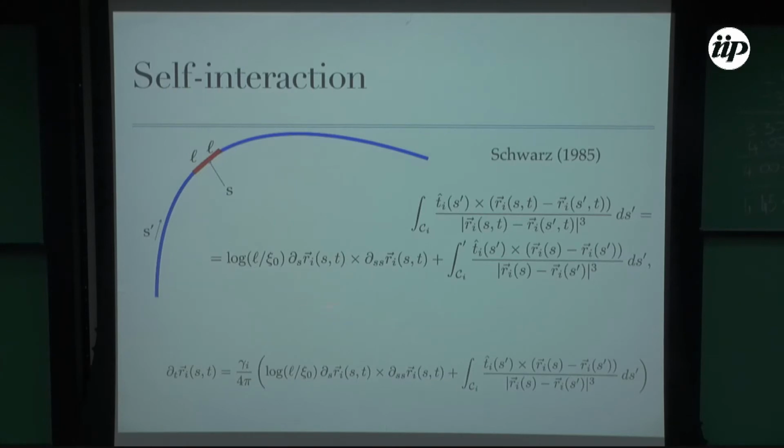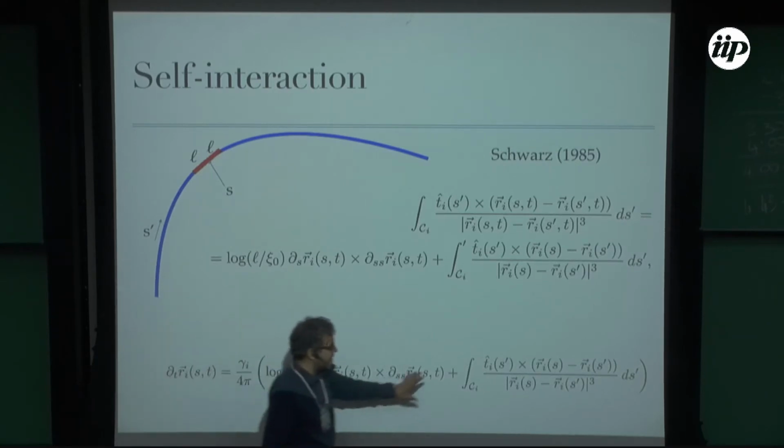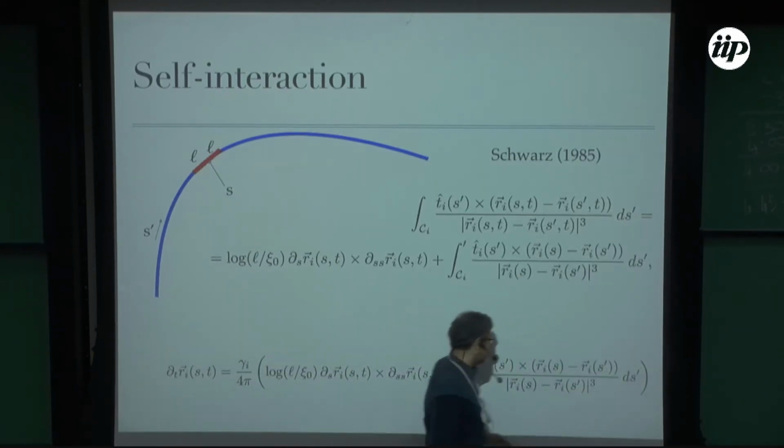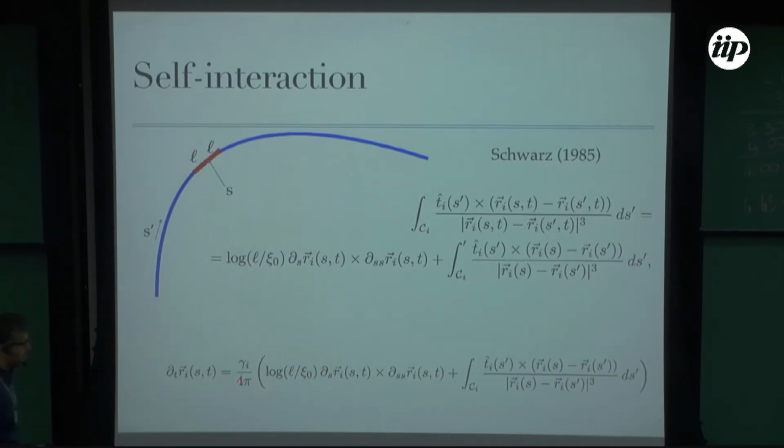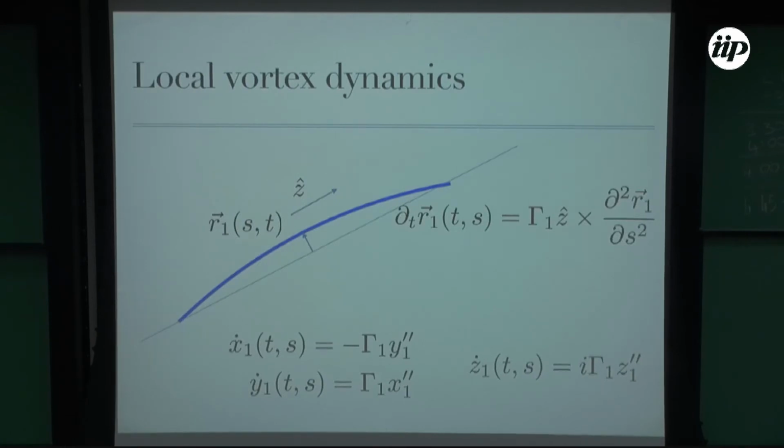And then plugging the self-interaction of a vortex, it comes from this integral that we will discard in the next transparency, plus the self-induction approximation. Okay? Then next transparency, I simplify things.